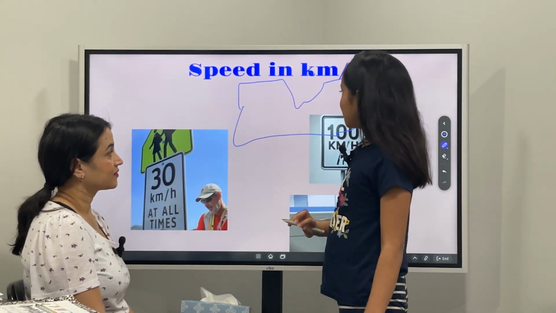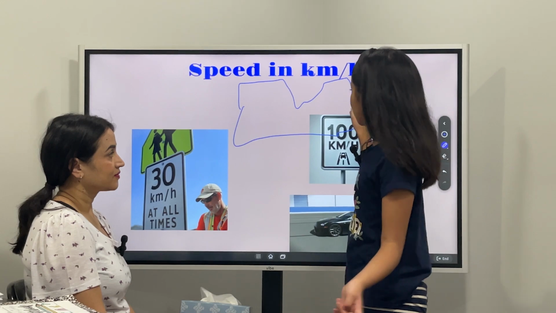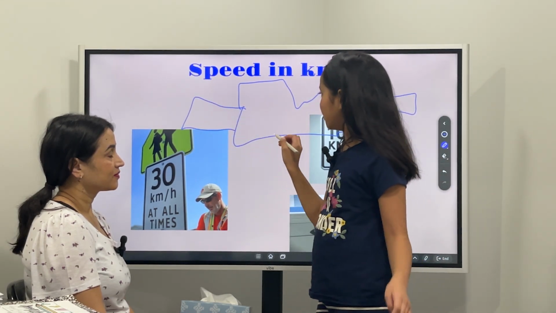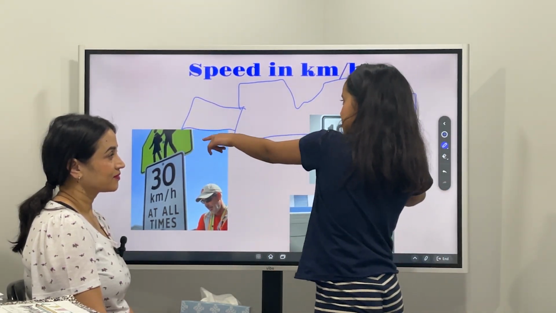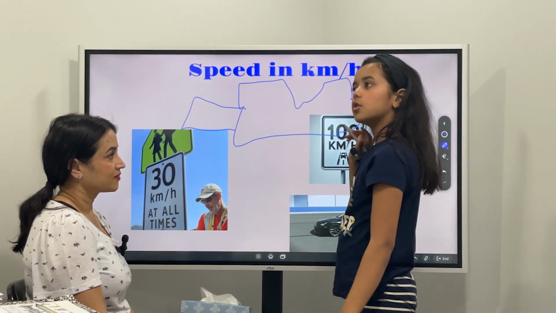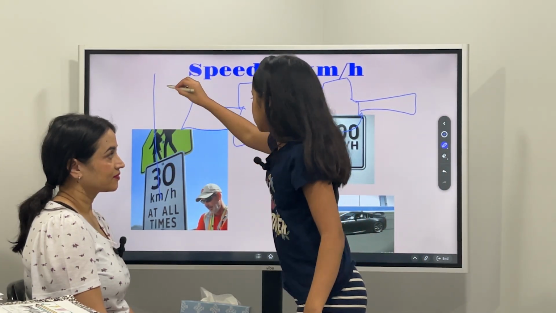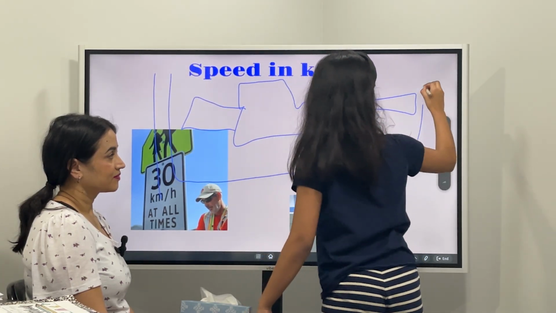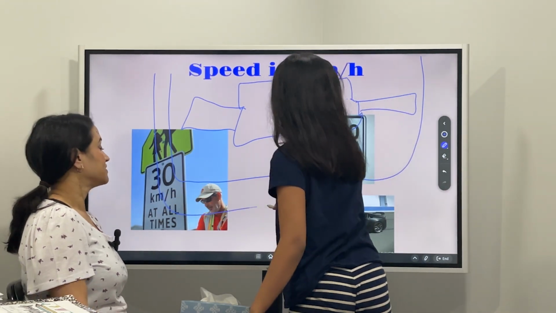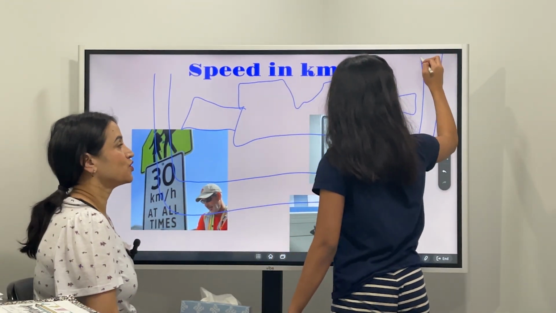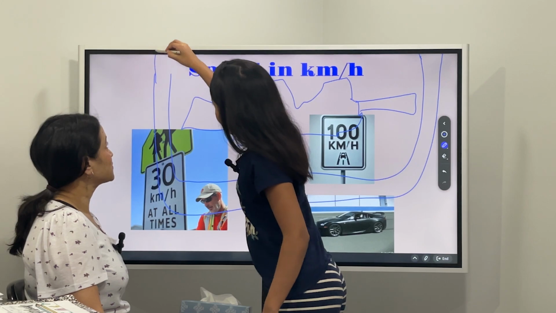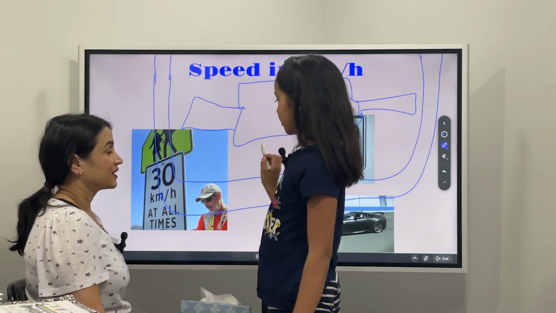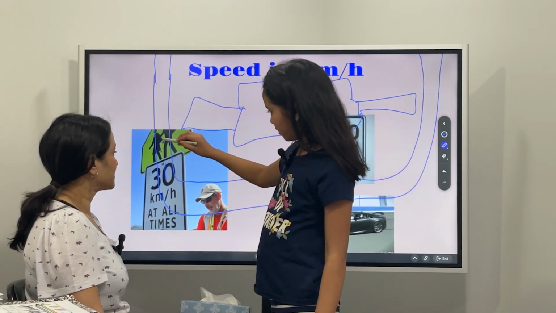So pretend this is a school, and then there's classrooms everywhere, and there's roads.